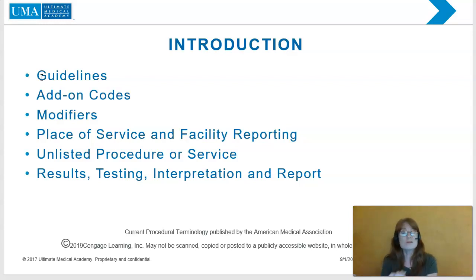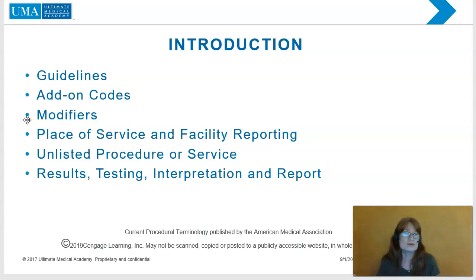Now, if you forget what an add-on code is, that's okay. It's right here in your index. It has a nice paragraph that talks about add-on codes. It also has a paragraph that talks about what a modifier is and when we use it. It explains what place of service and facility reporting is. The place of service is exactly what it means.